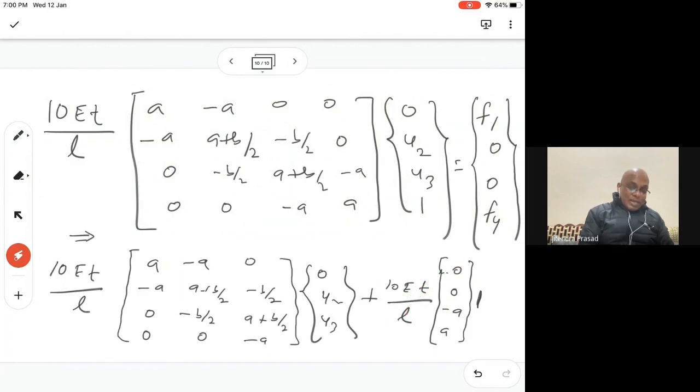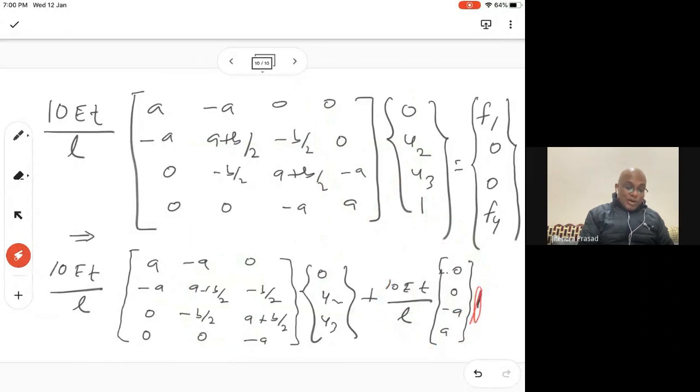Simply, I have just segregated this one. This is nothing but till here, and this one is here. So 3 I have put here, remaining 1 I have put here. So it is the same equation but writing separately, so that this is known now, right?